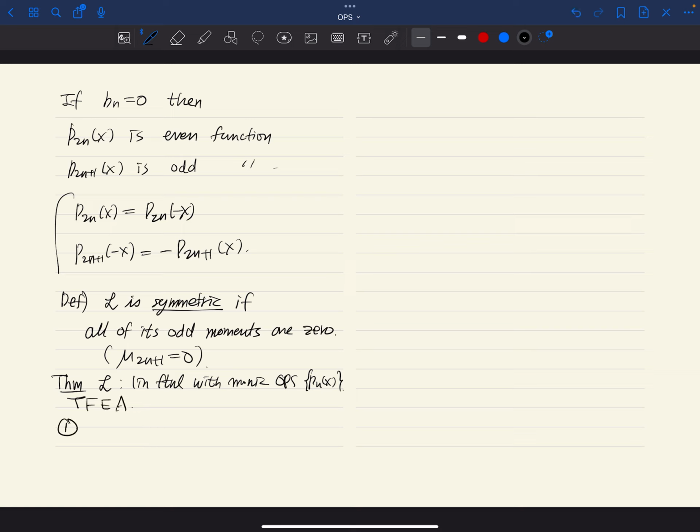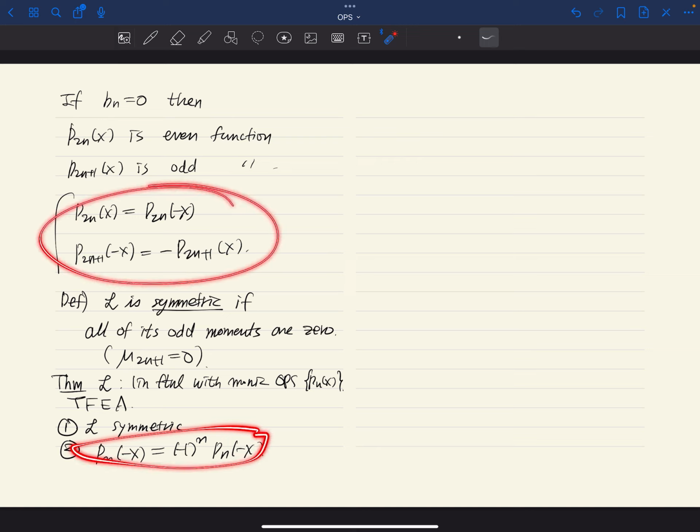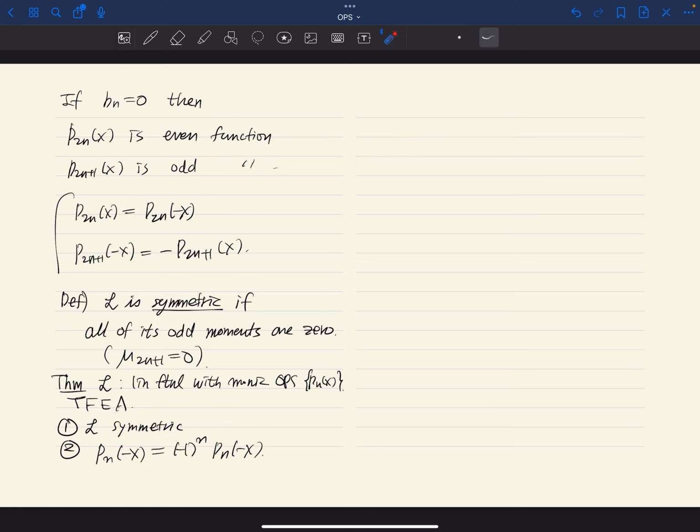First, L is symmetric: all the odd moments are 0. Second, Pn: even polynomials are even functions, odd polynomials are odd functions, like this. Yeah, this is basically what this means, right? And third, Bn equals 0 for all n in the three-term recurrence. These three are all equivalent.